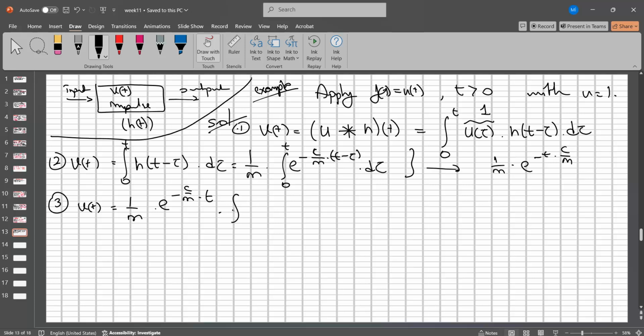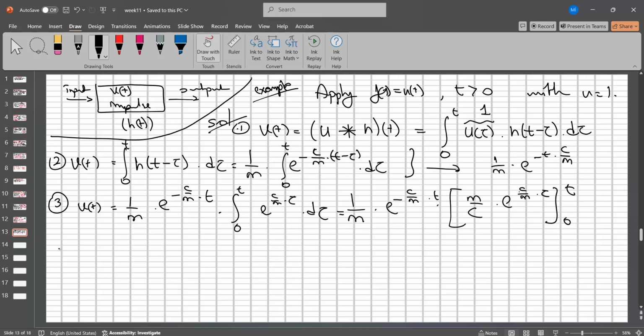And so the integral from 0 to t of e to the c over m tau d tau equals 1 divided by m times e to the minus c over m t times m over c times e to the c over m tau from 0 to t.